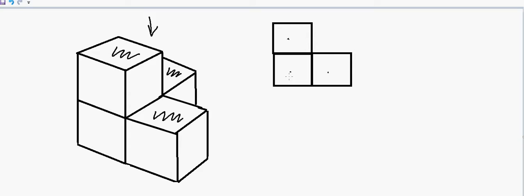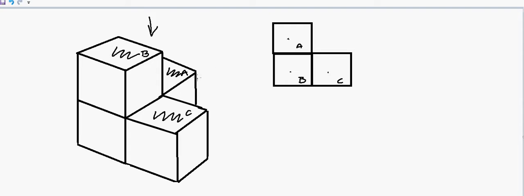So if I mark it up A, B and C, then that would be A, that would be B, and that would be C. I wouldn't be able to see that B is higher than A and C because I can't gauge depth, okay.